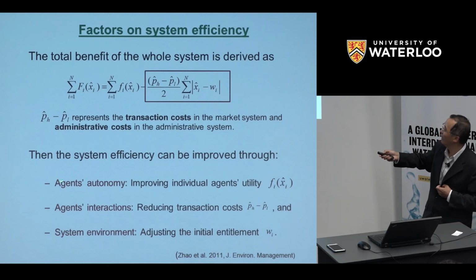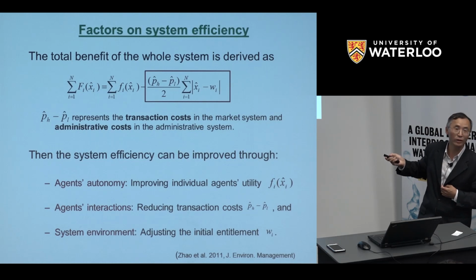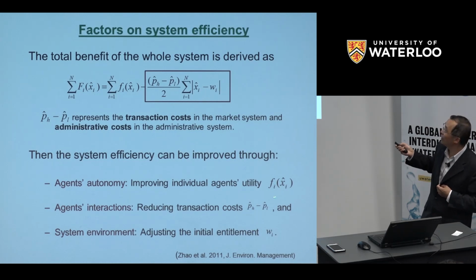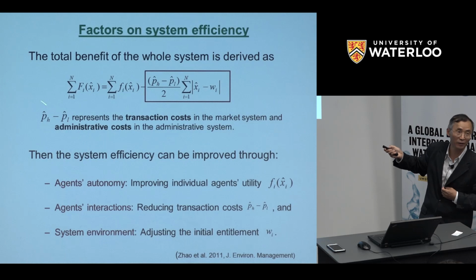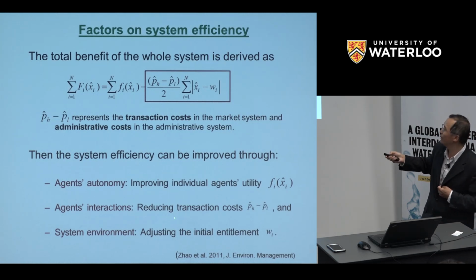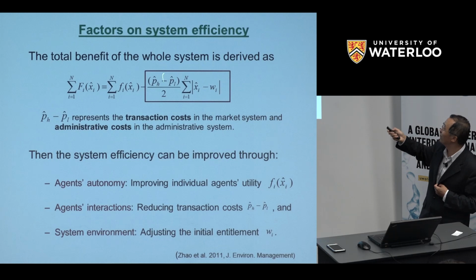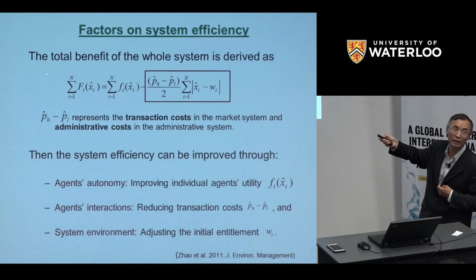One is agent autonomy: if we improve individual utility, individual benefit, we could end with higher basin-wide benefit. The second is the interactions: if we reduce the transaction cost, and then reduce this difference, that could end with a larger system level benefit.